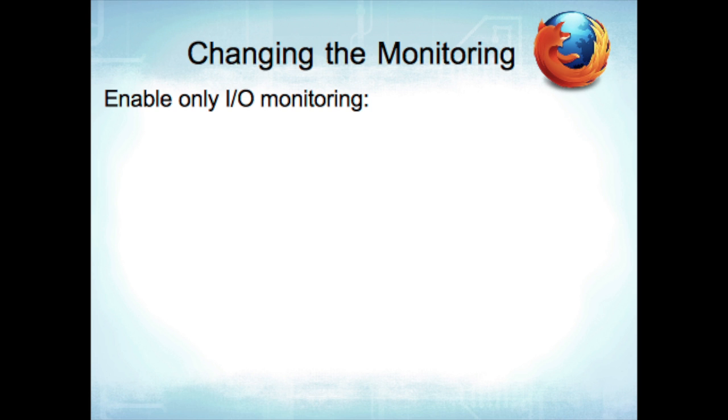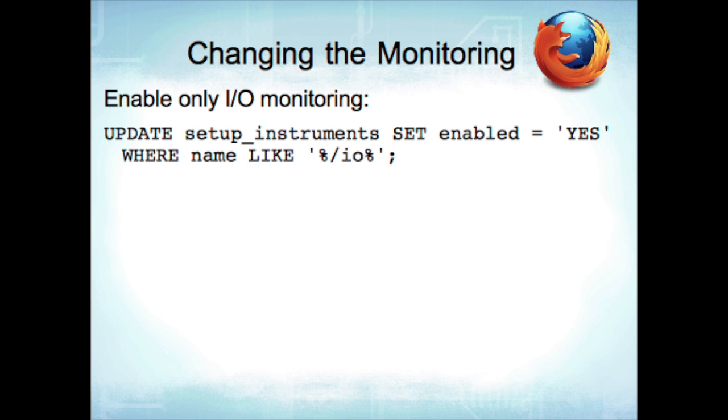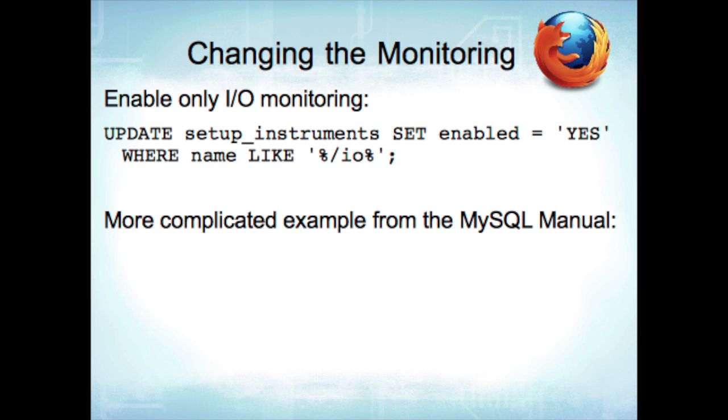Now I've turned everything off, but now I want I/O monitoring, only I/O monitoring. So now set enabled equals yes, where name like '%/io/%'. What if I want to do that all in one query, turn everything off and turn on I/O monitoring?